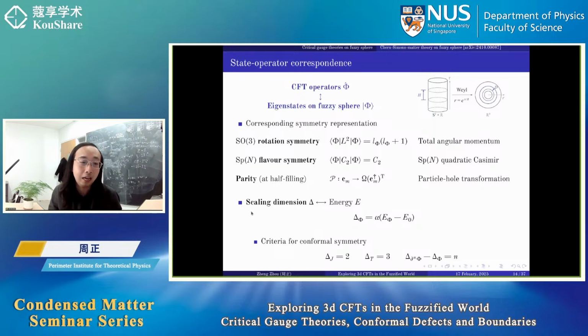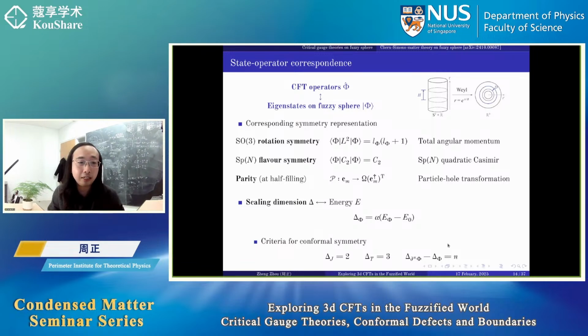More importantly, the scaling dimension is proportional to the excitation energy, and the factor alpha that converts these two values can be determined by criteria of conformal symmetry. For example, in a CFT there must be a conserved current with scaling dimension exactly 2, or a stress tensor with scaling dimension exactly 3, or the integer-spaced multiplets.